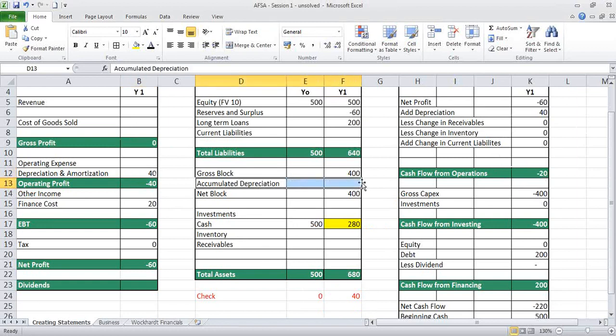That loss of value has to be reflected as accumulated depreciation, which is the amount of value that has been lost by the asset. The net value of the assets at the end of the year would be 400 minus 40, which is 360. The moment I put this 40 here, or link it to the depreciation number, the balance sheet is balanced again. That becomes 0, so the task solves itself.